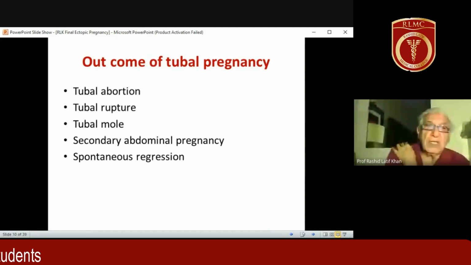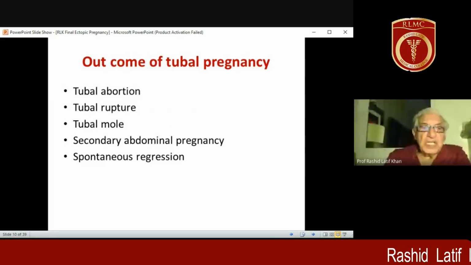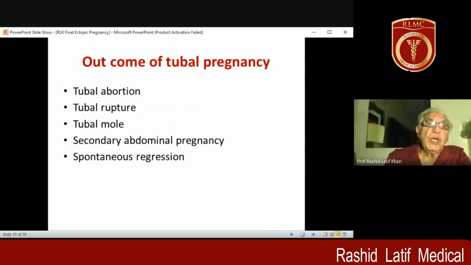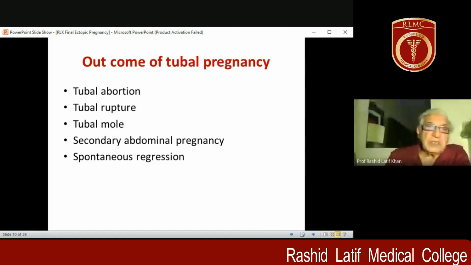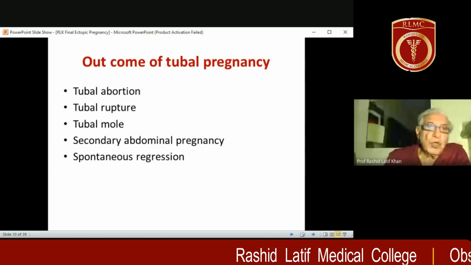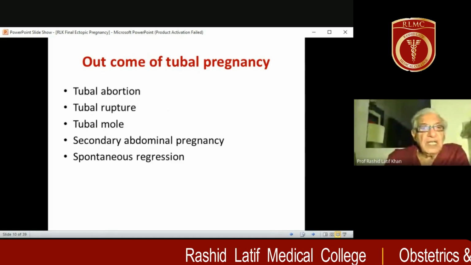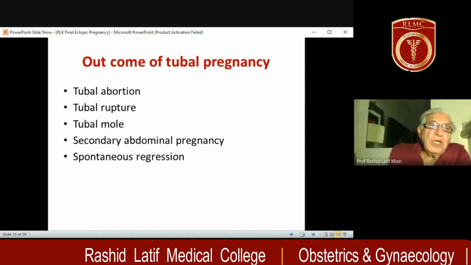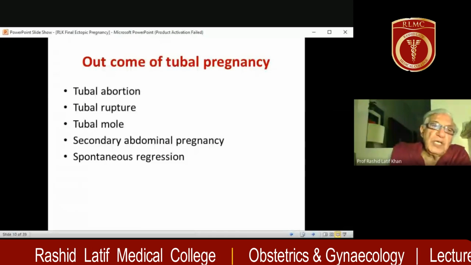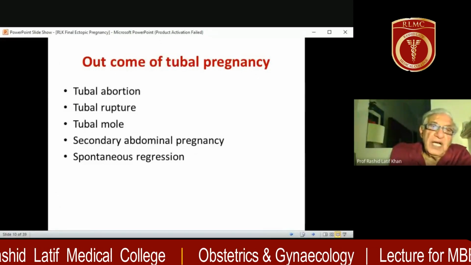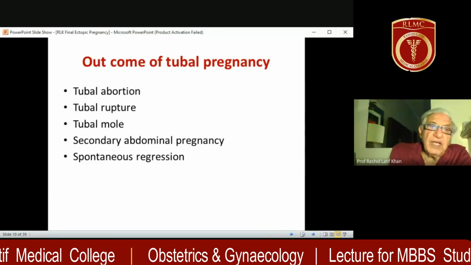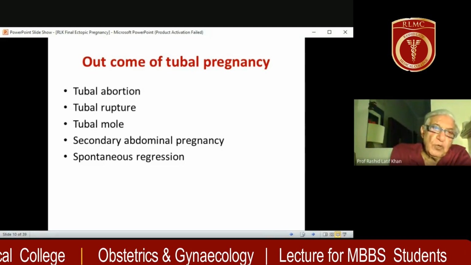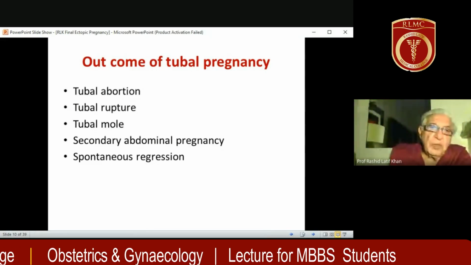Well, then next is outcome of tubal pregnancy. When tubal pregnancy takes place, the most common is tubal abortion because it happens in the ampullary part. So that fertilized egg or embryo is thrown out of the ampullary part through the fimbrial end into the peritoneal cavity. And when it's expelled from the tube, it will be called tubal abortion.